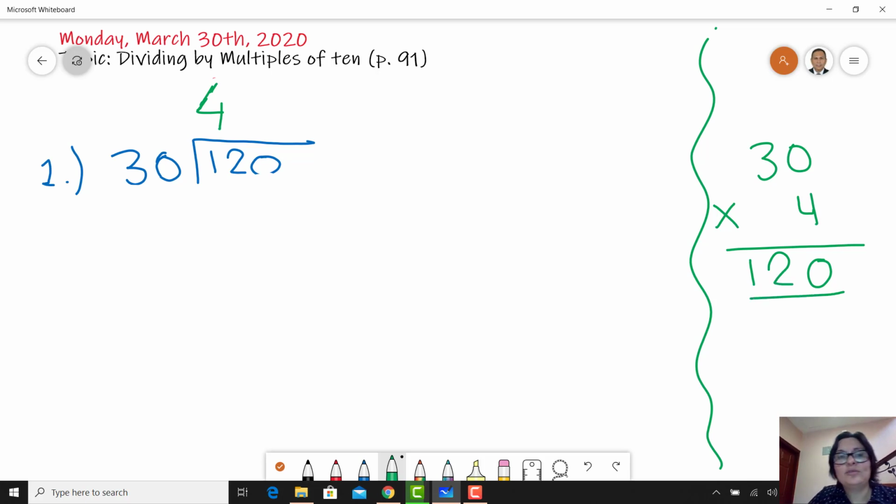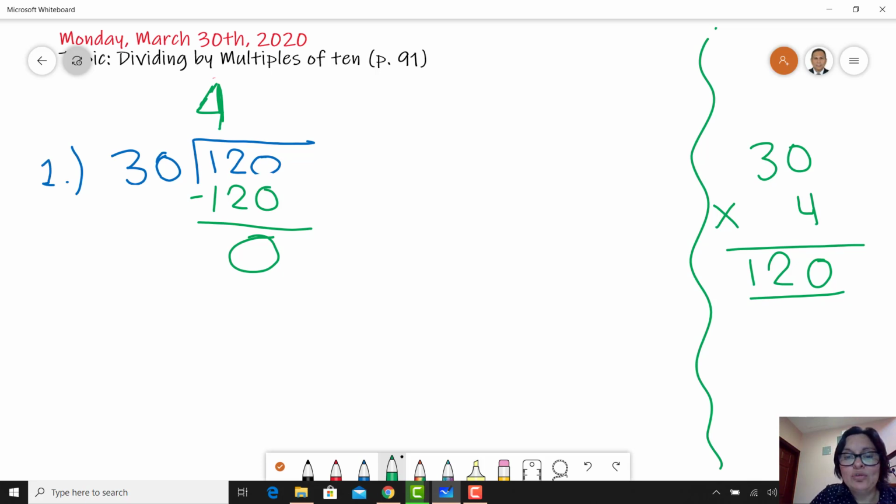So the answer is 120. So we write here 120 and then we subtract 120 minus 120. It's going to be 0. So the answer in number 1 is number 4.